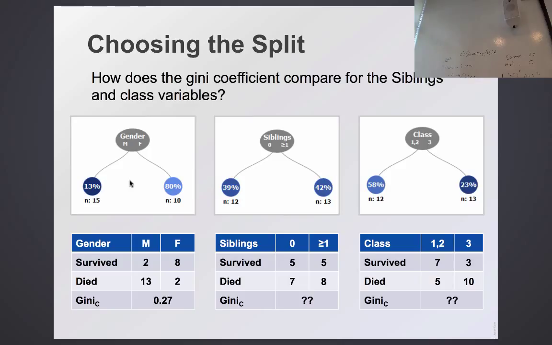Sorry. The females will have a Gini coefficient, the males will have a Gini coefficient, and I combine them to get 0.27. In the siblings, the greater than or equal to 1 will have a Gini coefficient, the 0 siblings will have a Gini coefficient, and it will combine them to get 1 for this split. The class 3 people will have a Gini coefficient, the class 1 and 2 people will have a Gini coefficient, you'll combine them to get the Gini coefficient for this split. So try that.